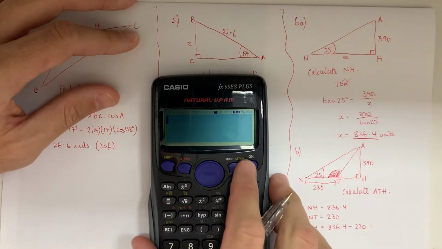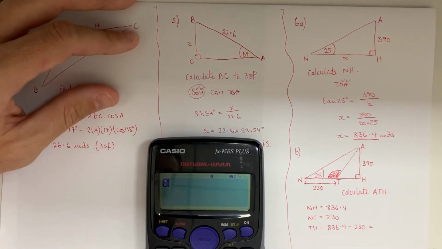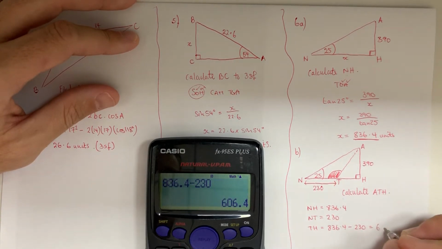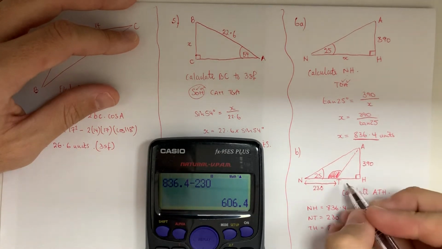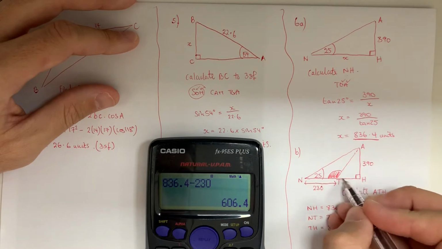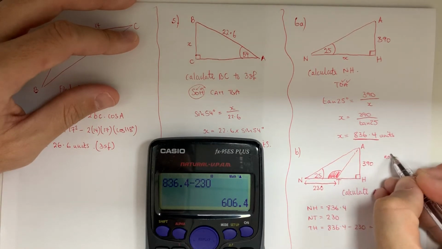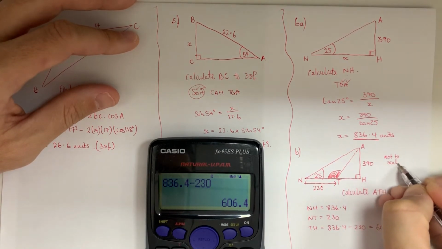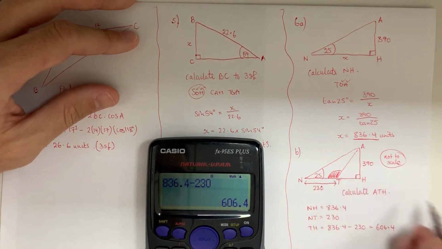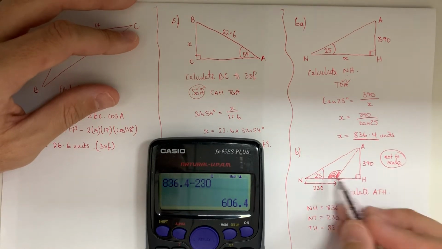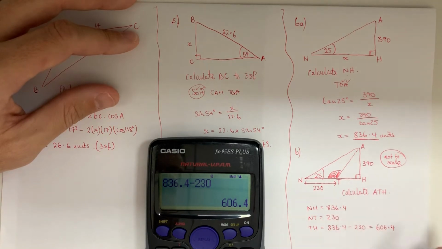Now I'll just do it on calculator to show you, but you should be able to do that in your head. 606.4 units. So that tells me that this distance here, well obviously this is not to scale. So although it looks smaller, it's actually bigger. Should be a bit more over here. So TH is equal to 606.4.